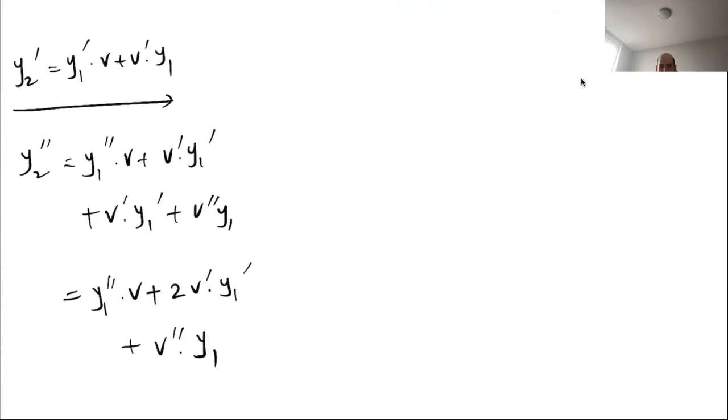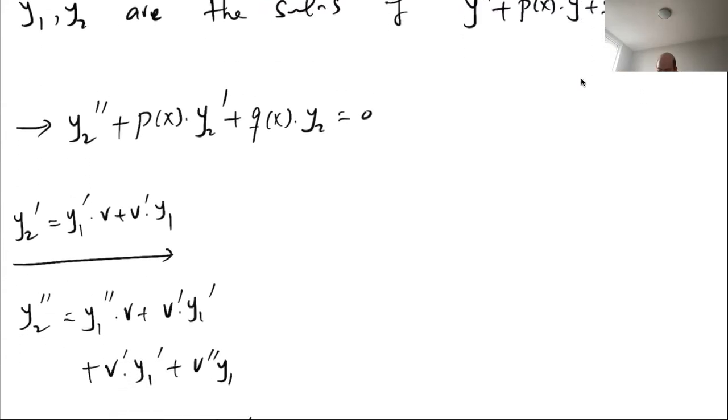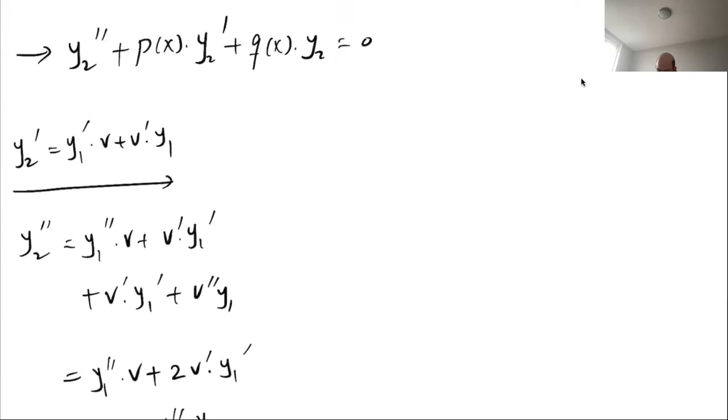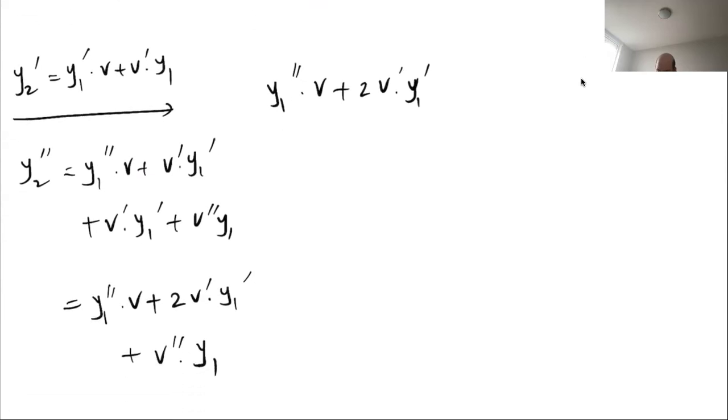So this will be y2 double prime. Now if I substitute back, I'll get y1 double prime v plus 2v prime y1 prime plus v double prime y1.